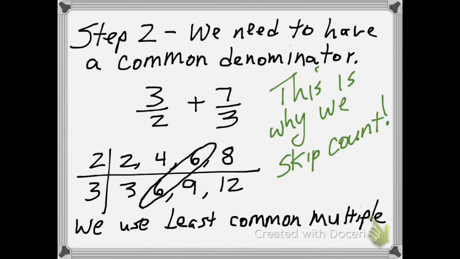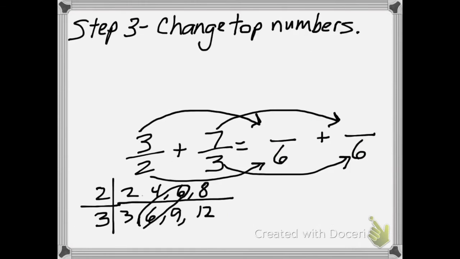So in this case, we take 2 and 3, the bottom numbers, and we do our multiples. So for 2, we count 2, 4, 6, 8. For 3, we count 3, 6, 9, 12. Sometimes it takes longer than this. So in this case, our least common multiple is 6.